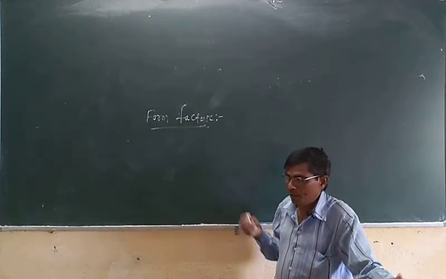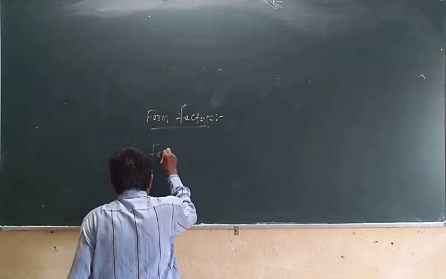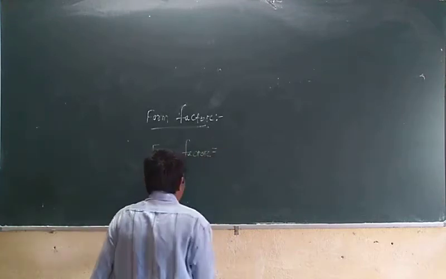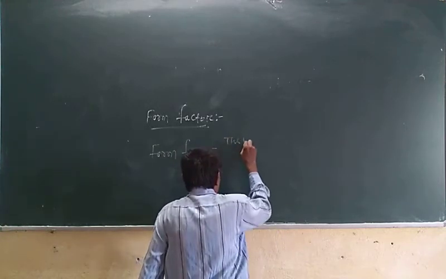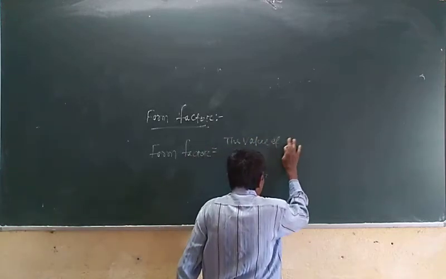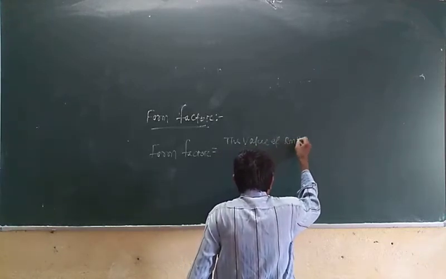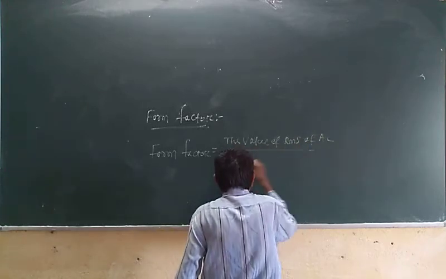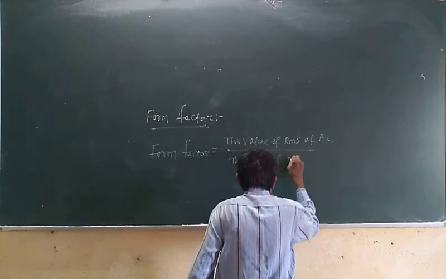Now we write form factor equal to the RMS value of AC by the value of DC.